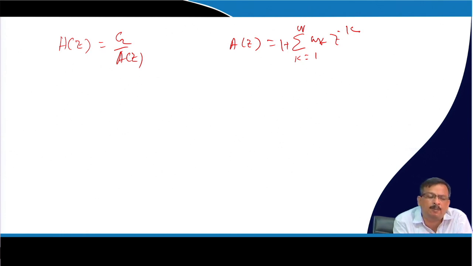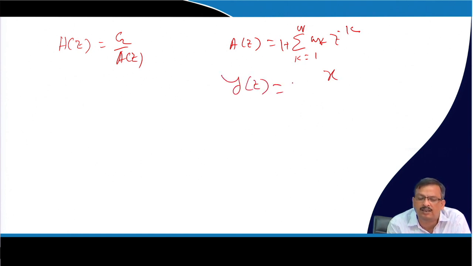Okay. So when I apply a signal x of n, x of z, I can say Y of z is equal to 1 by 1 plus the sum from k equal to 1 to q of a_k z to the power minus k, into X of z.